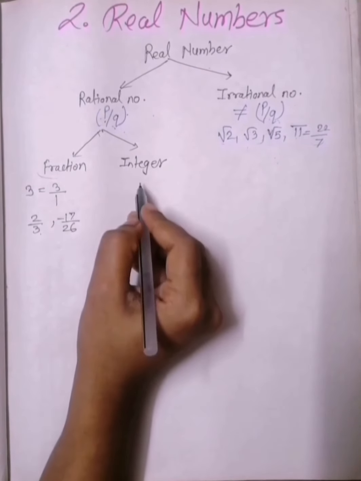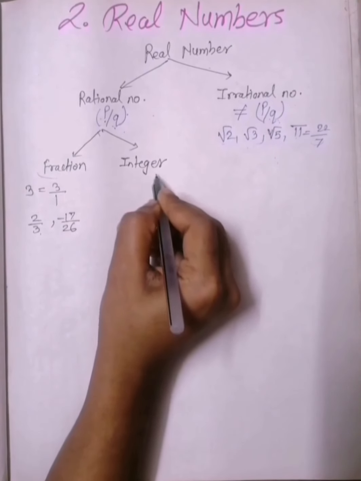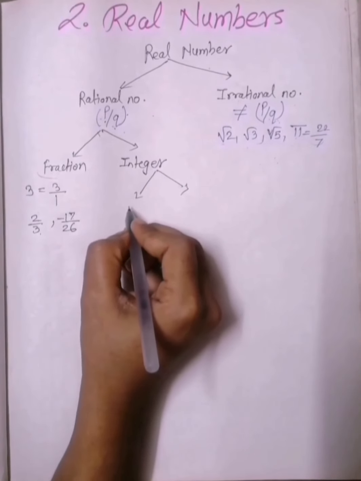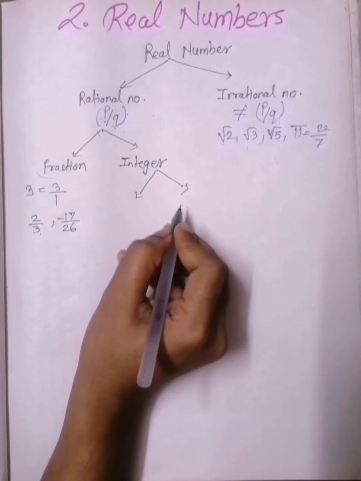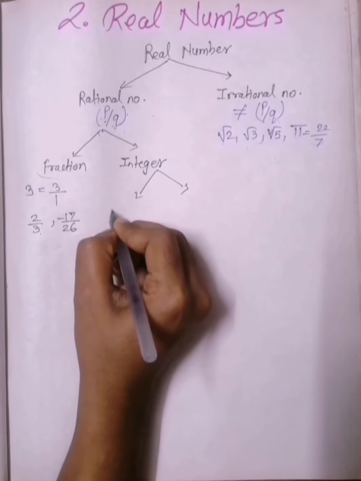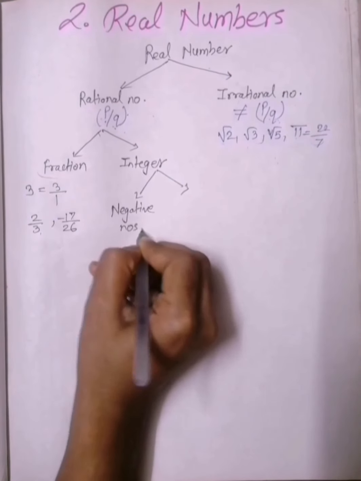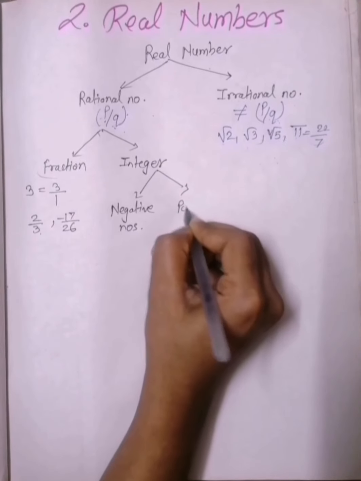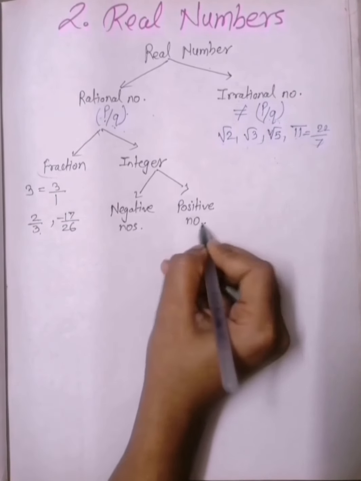In integers also we can divide into two ways. The first one is negative numbers, and another one is positive numbers and 0. The first one, negative numbers, is included like in a number line. Students, all of you know the number line that you learned in your previous standard also.